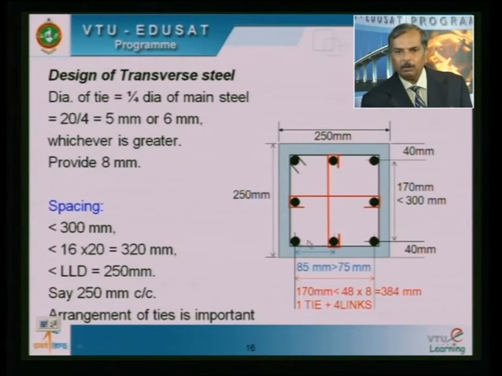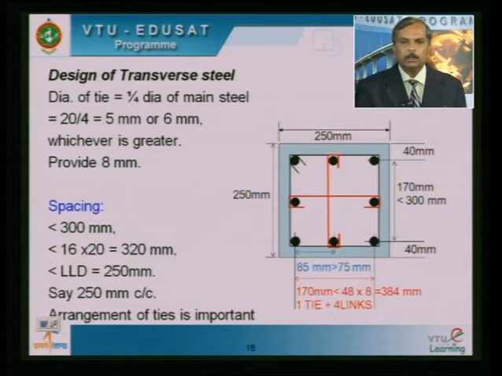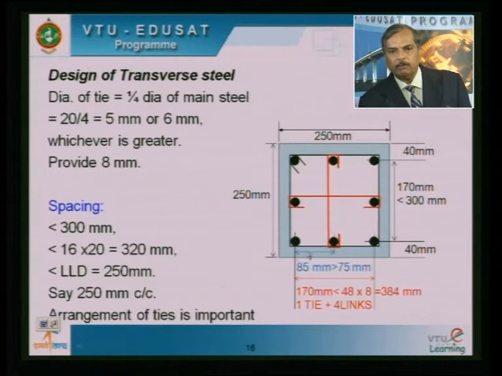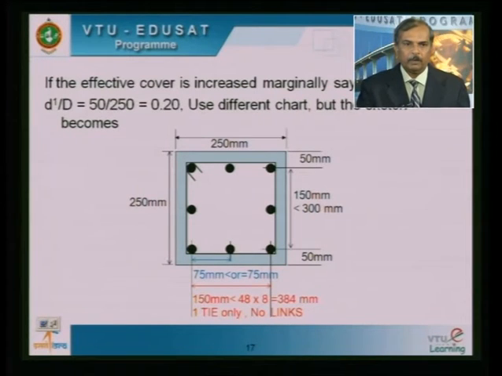If you can account for that in the cover, if you can increase the cover marginally from 40 to something like 45 or 50, this distance decreases. You decrease it in such a way that it is exactly equal to 75 or slightly less than 75, so that you can eliminate these in-between bars from tying. If that is the case, your configuration is going to be like this.